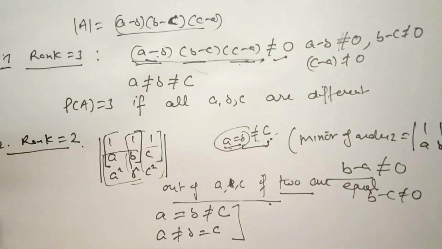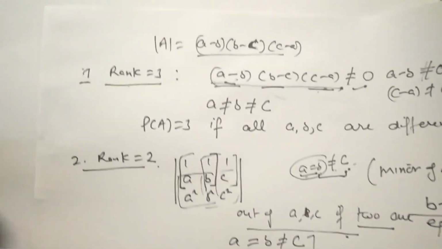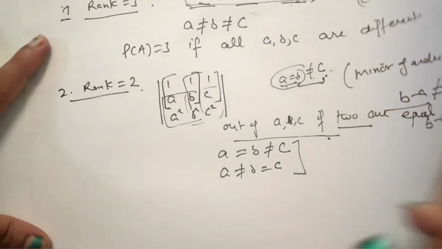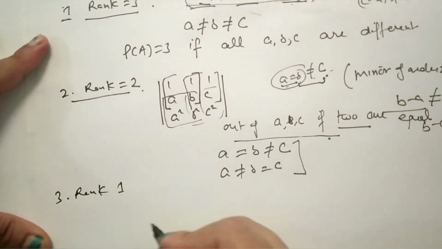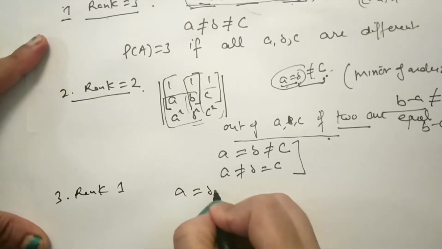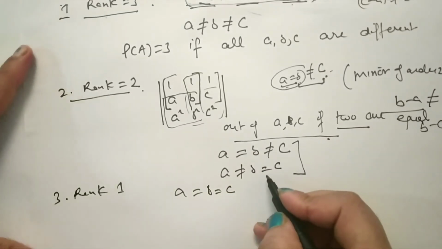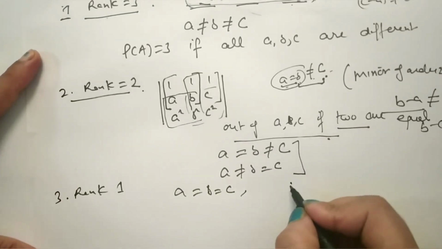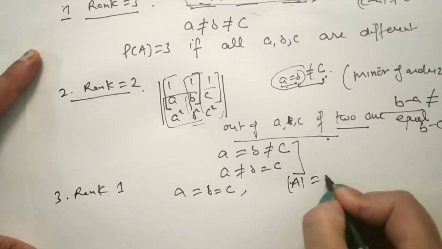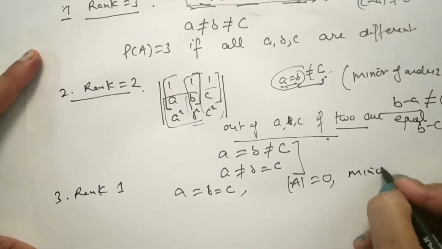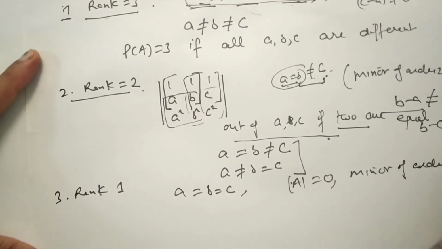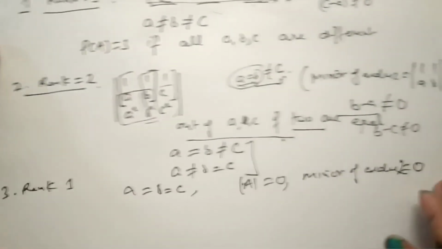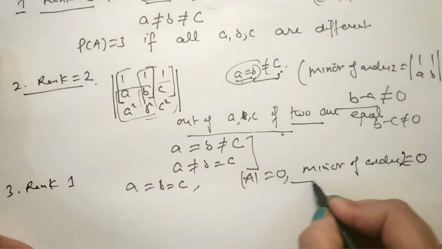Now if all the 3 are equal, then what will be the case? That is the case of rank 1. Because if A is equal to B is equal to C, what will happen? It means the determinant of A is equal to 0, and the minors of order 2 are also 0. All the minors of order 2 will be 0.